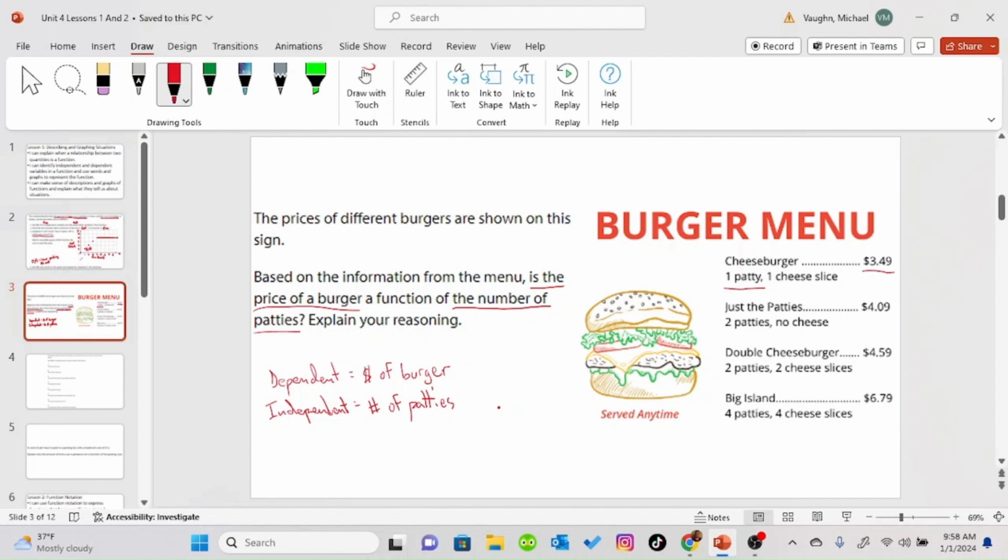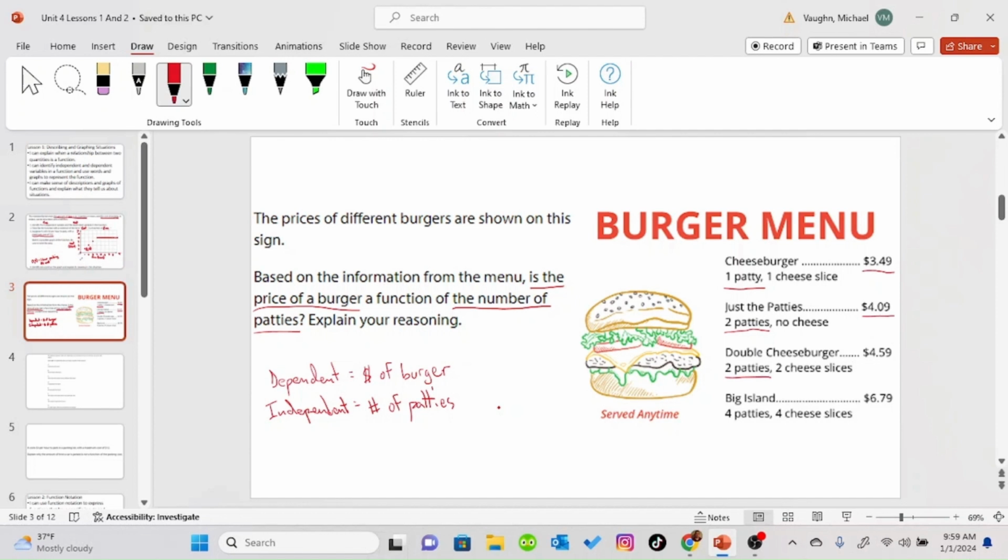So one independent variable gives me one dependent variable. That would be a function. The next choice, 2 patties, that's my independent variable. $4.09. That's my dependent variable. So one independent variable gets me one dependent variable. Still a function.